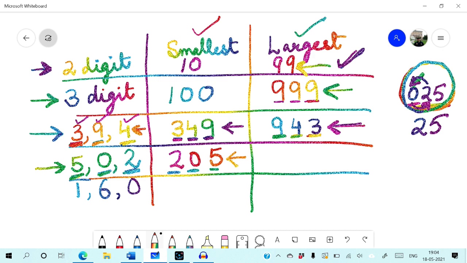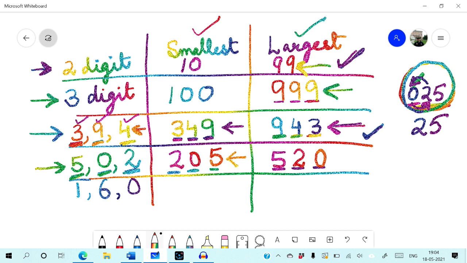Now we have to make the largest 3-digit number. For the largest 3-digit number, I told you that we are going to arrange the digits in descending order. So ones, tens and hundreds place is there. So the biggest digit will come at the hundreds place, the next smaller digit will come at the tens place, and the smallest digit will come at the ones place.